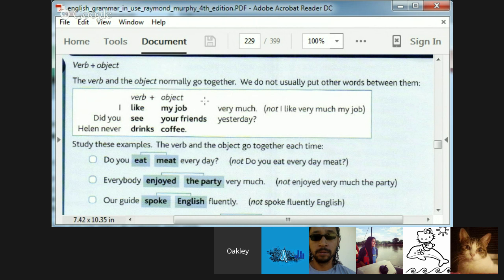I'm starting just a little bit backwards because it's easier to understand that rather than look at the subject noun, we do different things at the beginning of the sentence. I'm kind of starting at the end of the sentence here. The verb and the object noun normally go together. We don't normally put anything between these two. So we're kind of in the middle of a sentence here. And we'll work our way out, I suppose.